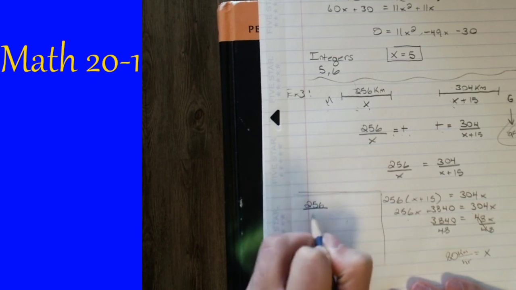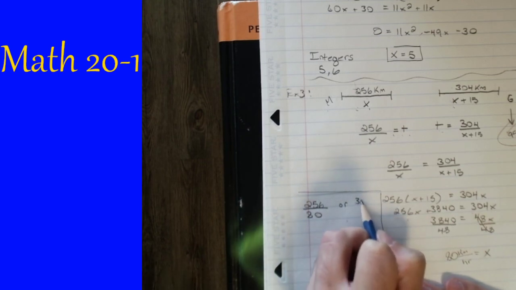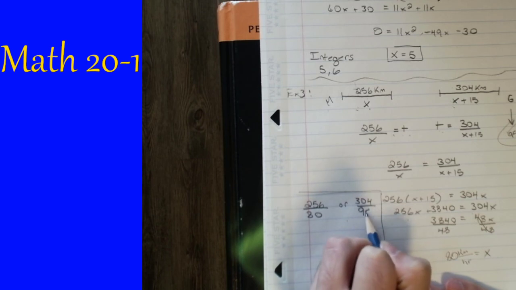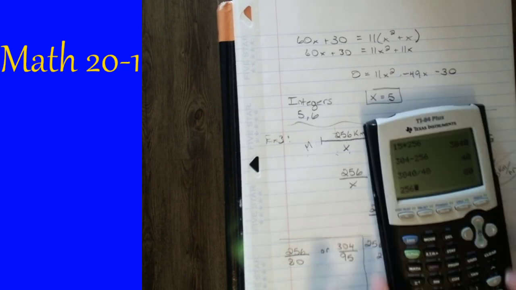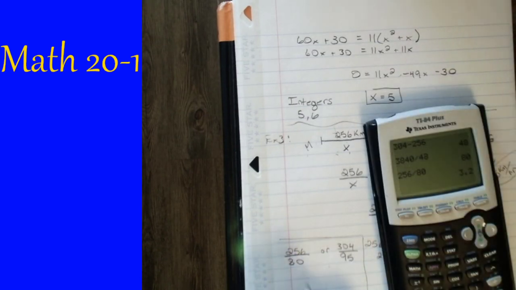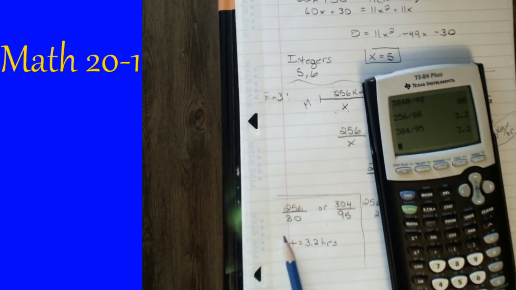Time is represented by 256 over x, which we now know is 80, or it's represented by 304 over 95. So if we do those two ratios, 256 divided by 80, that's time is equal to 3.2 hours. And here's to hoping that so is that one. So that answers our second question. Time is 3.2 hours.